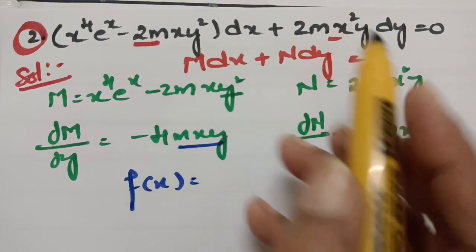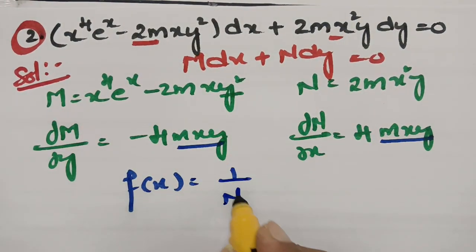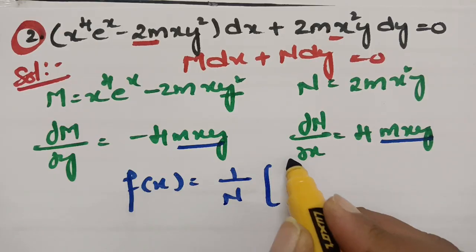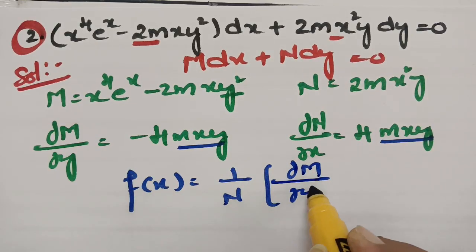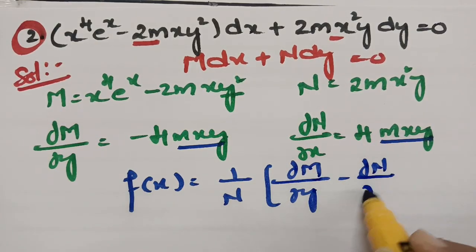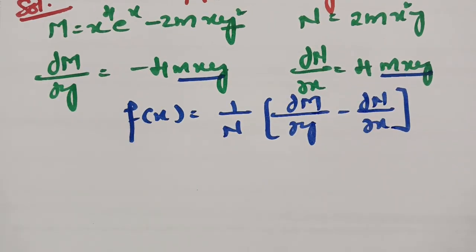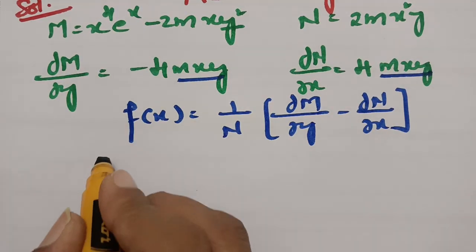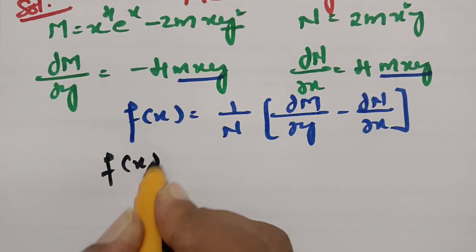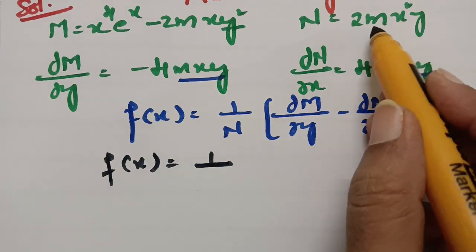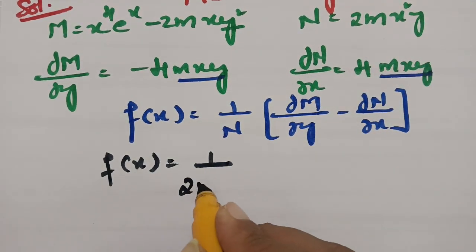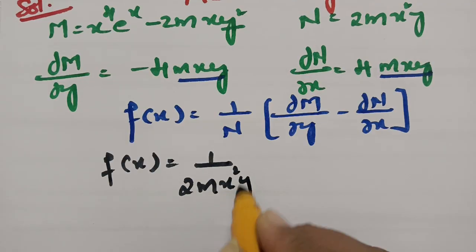So f of x value, if I calculate, whichever is smaller, I have to take. This is M and this is N. So we have to take 1 by N times of, if it is N, go with M. Dou M by dou y minus dou N by dou x. Clear? And now if I substitute all the values here, f of x value is equal to 1 by N value, which is 2mx square y.